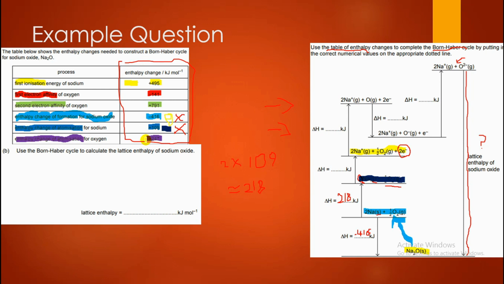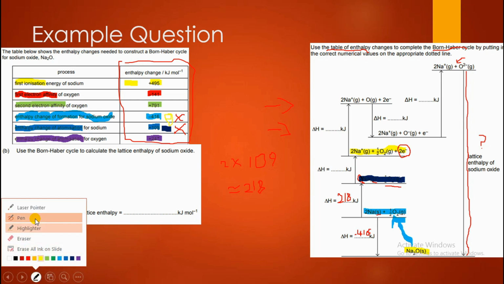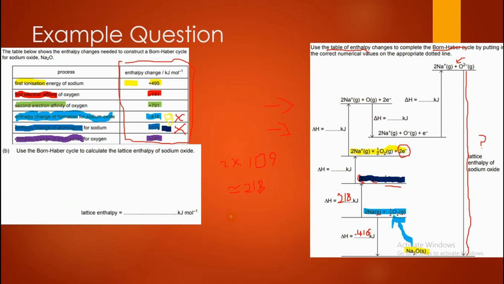But remember, this is all based on 1 mole. Therefore, if we have 2 on our hands, we'll have to go back to here. We have to do 495 times 2, which equals 990.